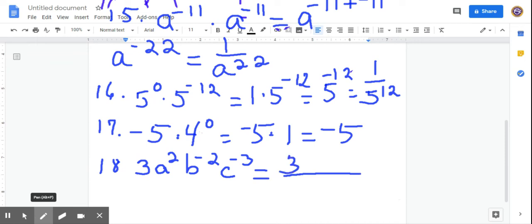A squared is going to stay where it is because it has a positive exponent. The b to the -2 has to drop down to the denominator to become positive. You take, remember, it's reciprocals. Okay? And then c is to the -3, so it has to drop down and become positive in the denominator.